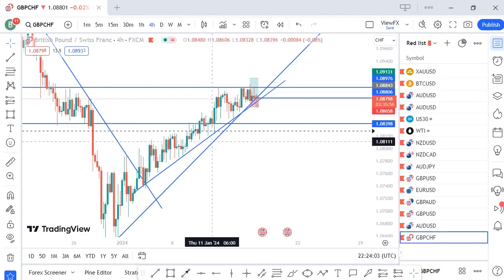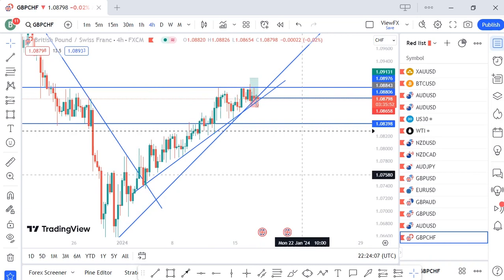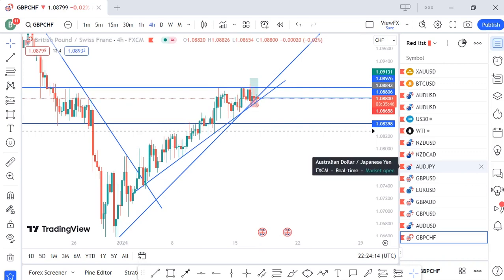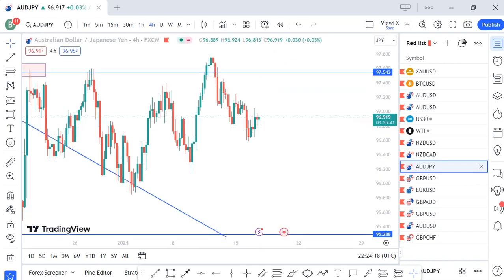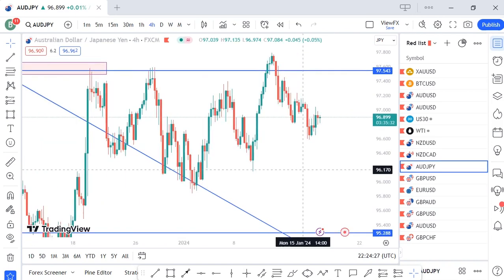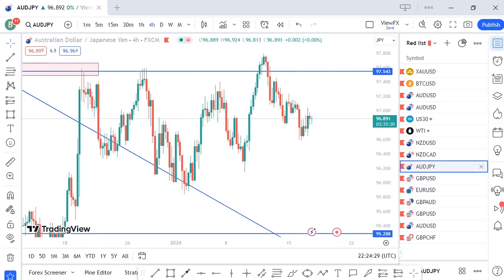You can see the market is buying. So let's try AUD JPY. Now, most of us don't trade this pair because of the timing, but let's see what we're going to have when we check this pair.